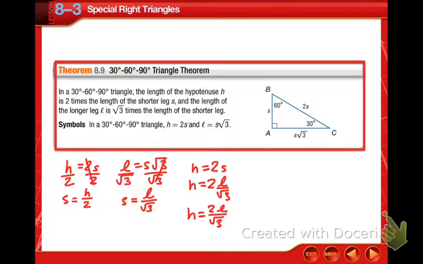And then the other way around, L is S square root 3. We know that S, sorry, is H over 2 times square root 3, which gives you just L equal to H square root 3 over 2.